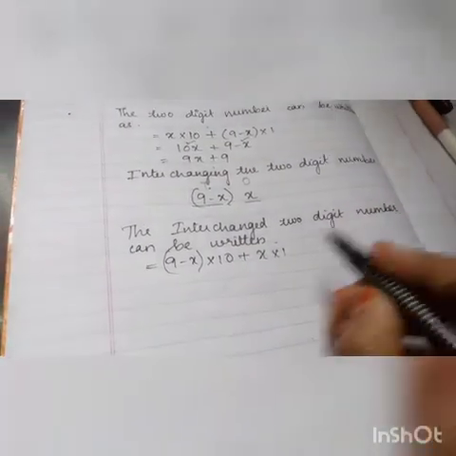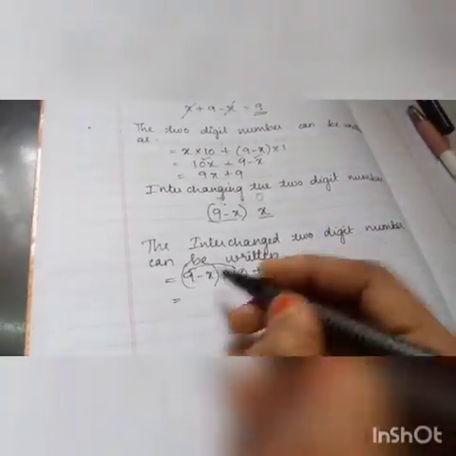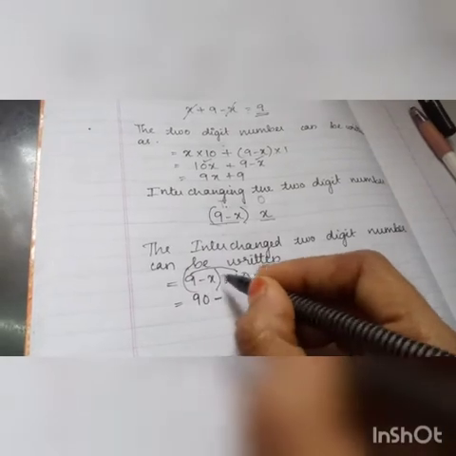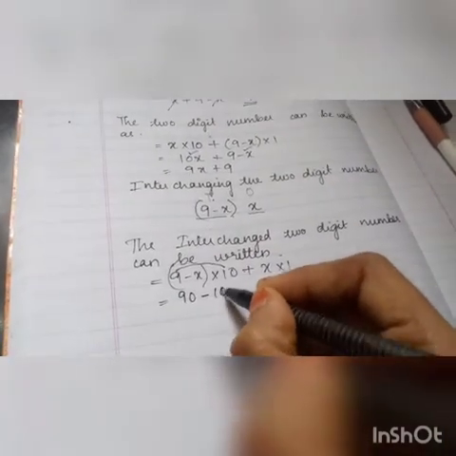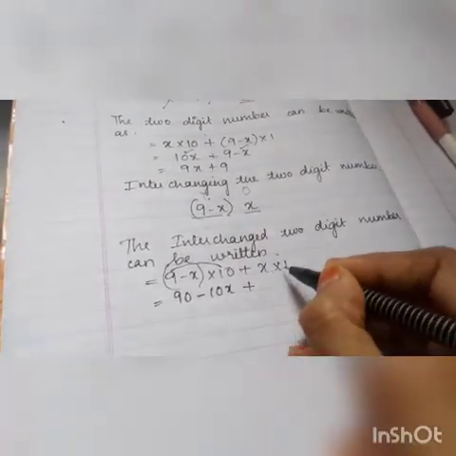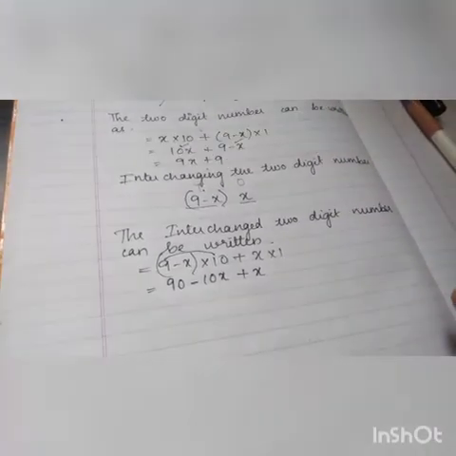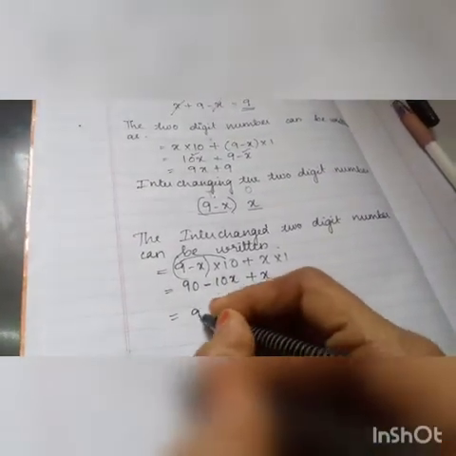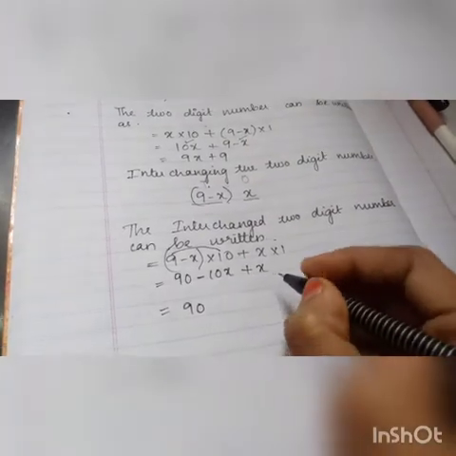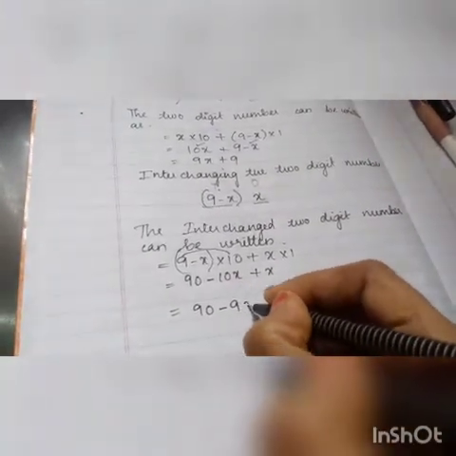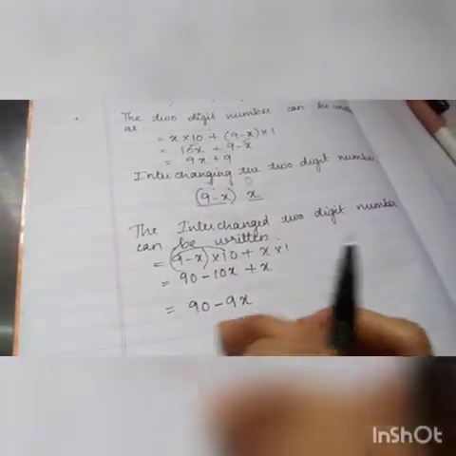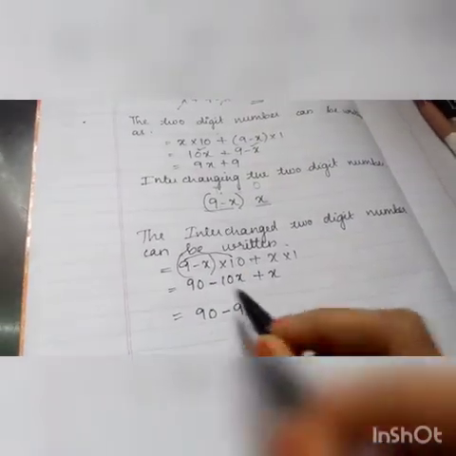Like this you should interchange. Now 9 into 10 is 90, minus x into 10 is minus 10x, plus x into 1 is x. Now 90 minus 10x plus x is 90 minus 9x. So this is the number which you got after interchange.